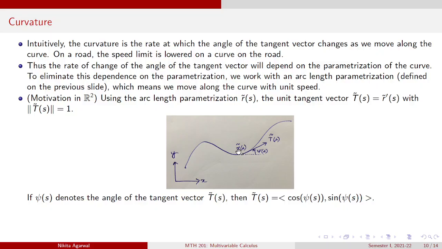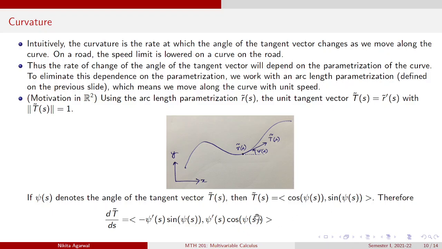This point is r tilde(s), and the tangent vector T tilde(s) is a unit vector. Suppose it makes the angle psi(s) with the positive x-axis. Then T tilde(s) can be written as (cos psi(s), sin psi(s)), because it's a unit vector.